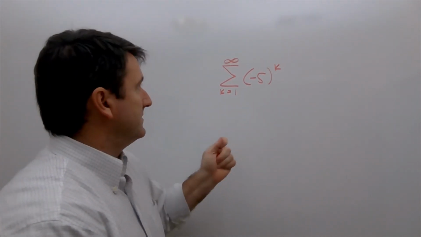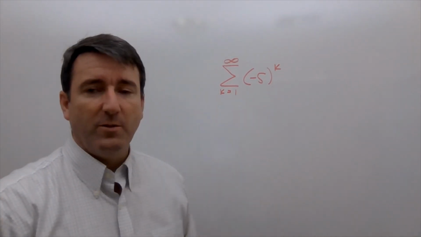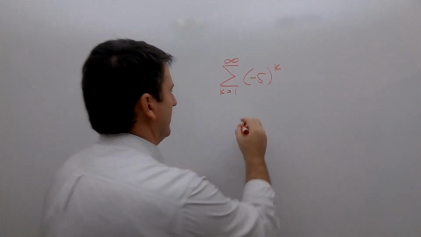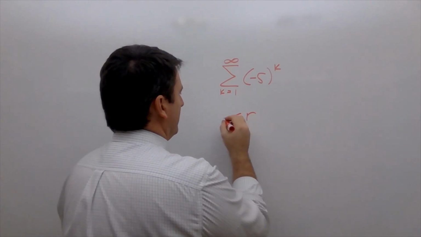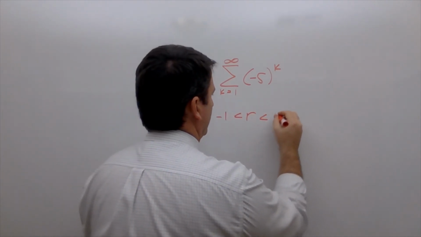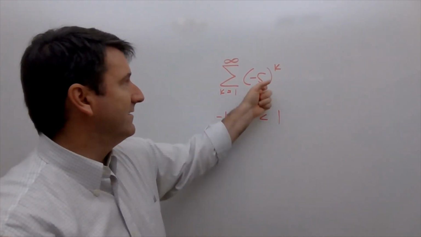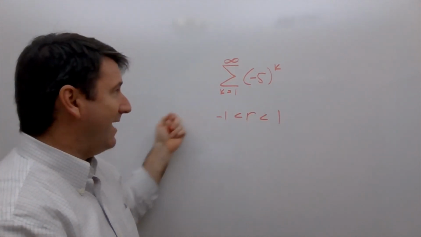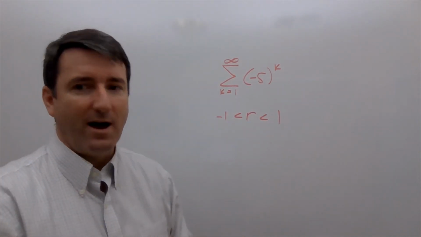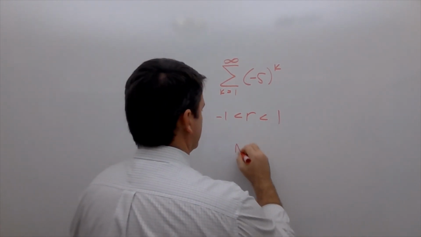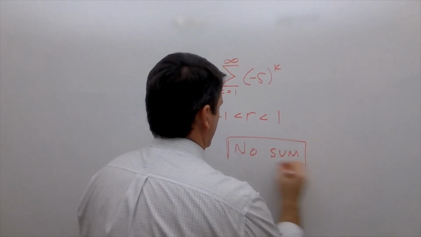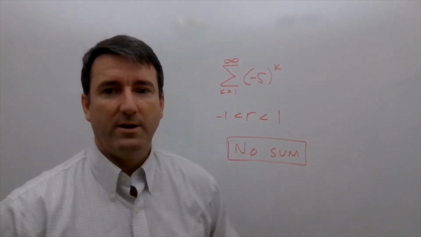Again, the first thing we want to do is check whether or not this is even going to work. Remember that r has got to be between -1 and 1. And here the r, the common ratio, is -5. That's outside of this interval, so this is not going to work. And so our answer is just going to be no sum. And that's going to be our answer for example 2.